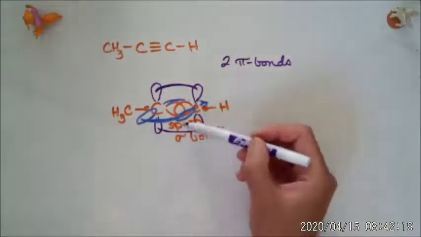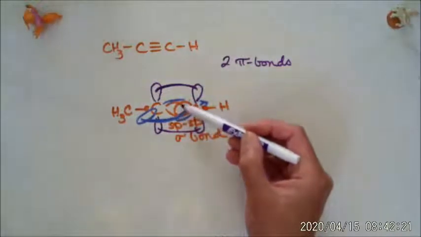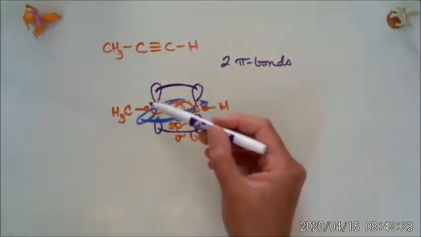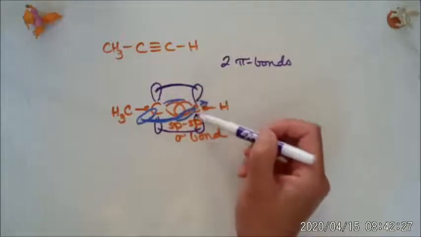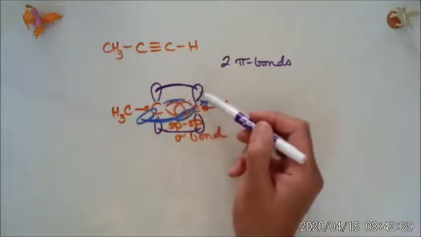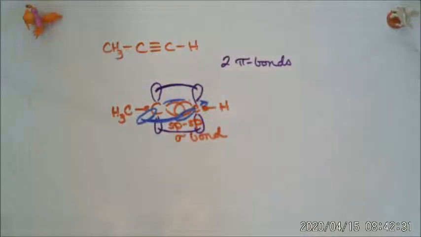Well, if you look at it, if I start to rotate, the maximum difference is here before it lines up in the plane of the board here, and I reform my pi bond. So you really don't get a significant drop in energy or requirement of energy to break one pi bond to reform the next, because there's enough overlap.